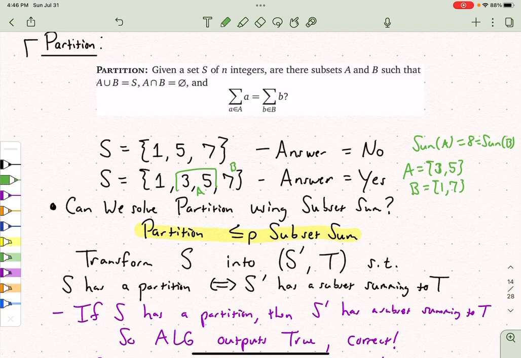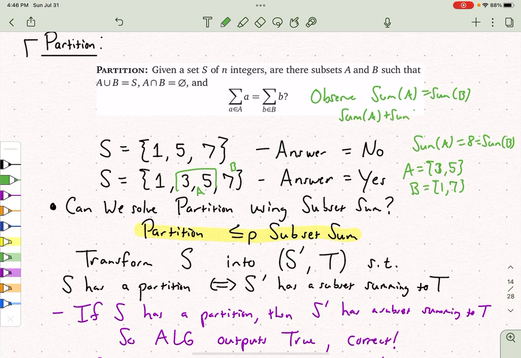So the key observation is that if there's a partition, then the sum of A equals the sum of B, but it partitions everything, so we also know the sum of A plus the sum of B equals the total sum of all of S, because it's a partition.